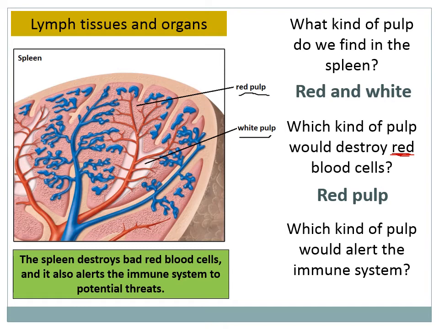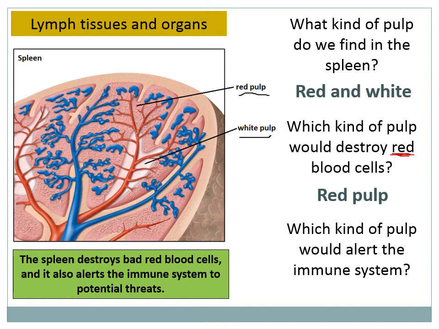That's actually the reason why it's red: it's destroying these red blood cells and getting tinted that color. So red blood cells are getting destroyed by the red pulp. Now, this is a good thing. You don't want blood cells roaming around that aren't good. So your spleen is just going to take care of any of those red blood cells that are tired or not formed correctly.